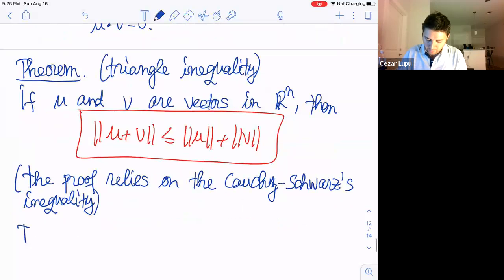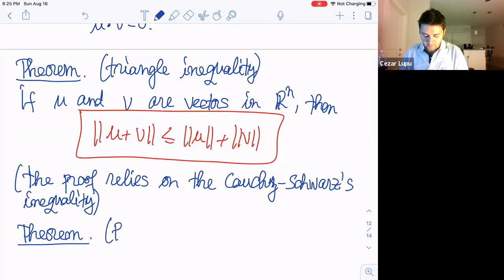We also have another theorem which concerns orthogonal vectors, and we'll call this the Pythagorean theorem for vectors in Rn.